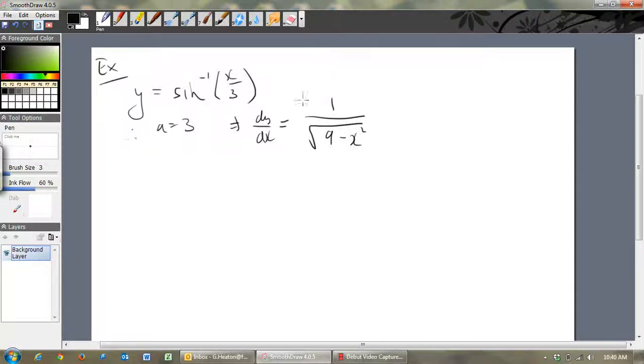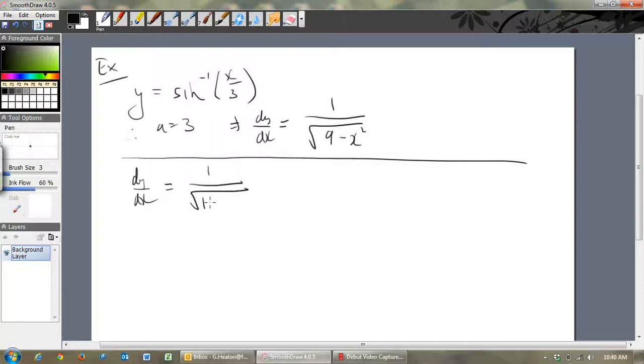That's really easy. If you don't remember these formulas, then the way you need to do this is by using the chain rule. I'll show you what that would look like. The chain rule would say that dy/dx is equal to the derivative of this, so that's 1 over the square root of 1 minus, chain rule says just leave that as it is, so you'll have x over 3 squared, and then you need to multiply this whole thing by the derivative of what's in there, so that's multiplied by 1/3.